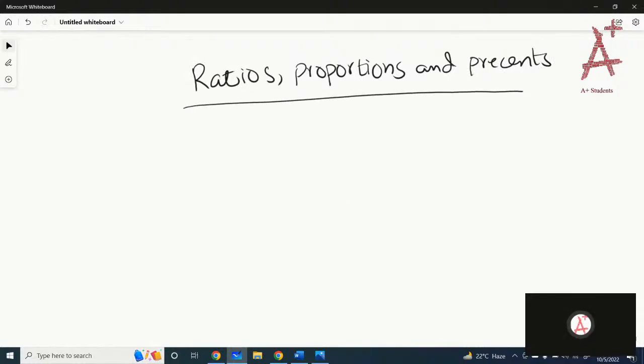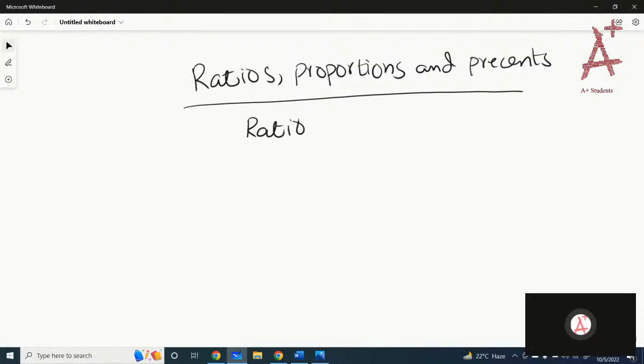Then scroll down to grade 5 maths and click on view all lessons. There you can find the chapter ratios, proportions, and percents, and we're going to start with the very first lesson, that is ratio tables.